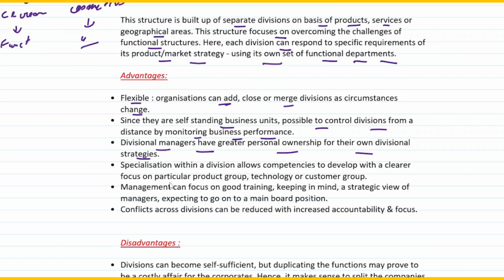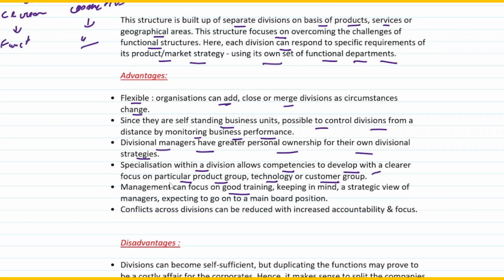Specialization within a division allows competencies to develop with a clearer focus on a particular product group, technology, or customer group. Or rather, it can help you attain expertise, and specialize in various core competencies, concentrating on a particular product group, technology, or customer group.